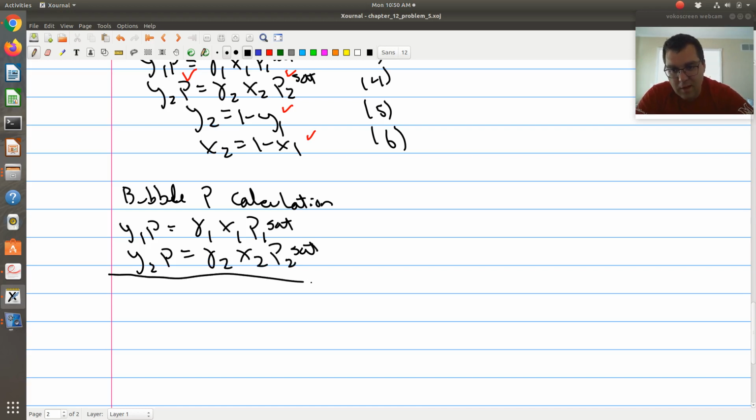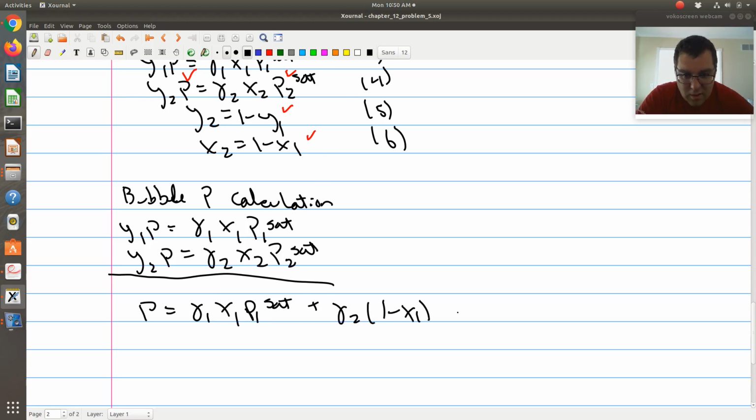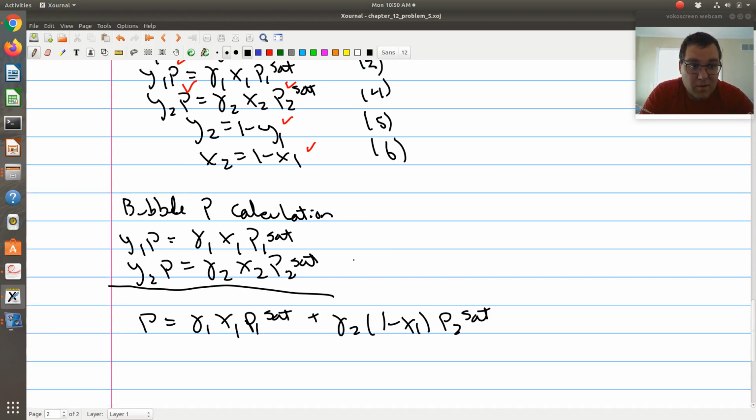Add these together, I get P is gamma 1 x1 P1 sat plus gamma 2, and I'm just going to plug in for x2, 1 minus x1, equation 6, times P2 sat. I know P1 sat and P2 sat. Gamma 1 and gamma 2 are only functions of x. And so I could take my bubble P equation and solve for x.